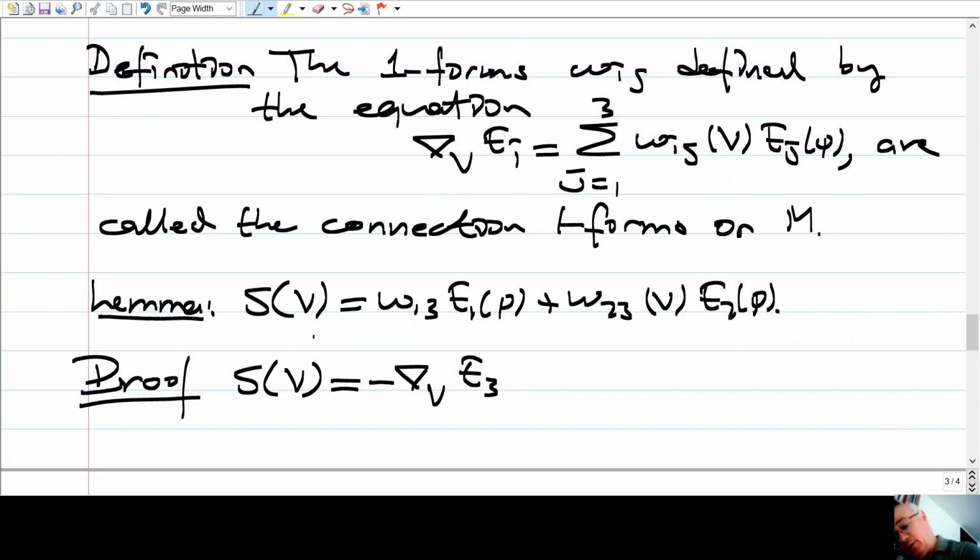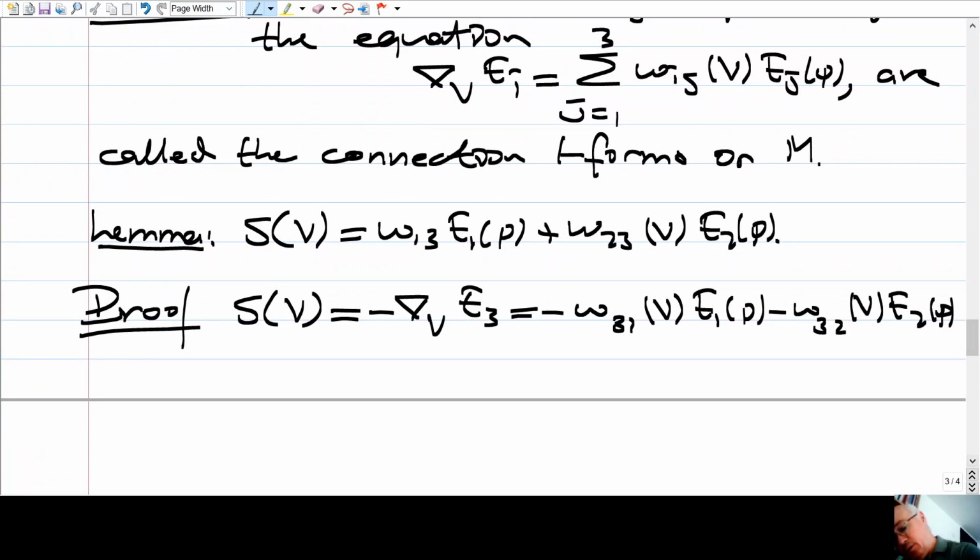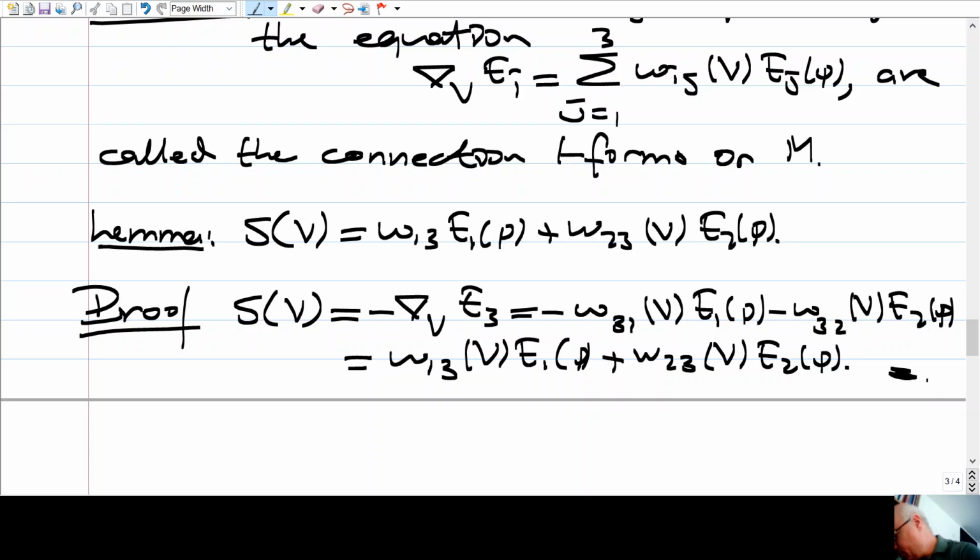And this is just, from this, minus omega 3 1(v) E1 at p minus omega 3 2(v) E2 at p. Since one forms are skew symmetric, this is equal to omega 1 3(v) e1 plus omega 2 3(v) E2 at p. So the proof finishes.